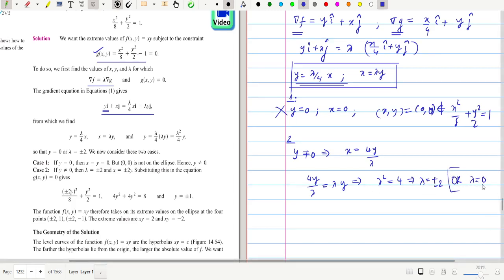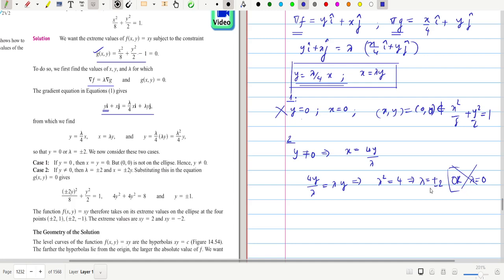If lambda equal to 0, you cannot get lambda square equal to 4. If lambda is equal to 0, you get y equal to 0 and x equal to 0, so that reduces to the first case. So we are not considering lambda equal to 0 here. That's why we write lambda square is equal to 4. Consequently, lambda is equal to plus or minus 2.